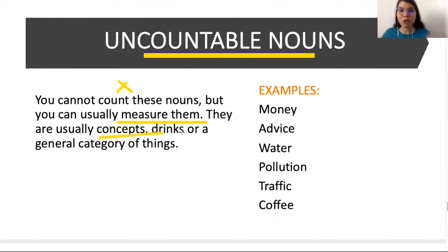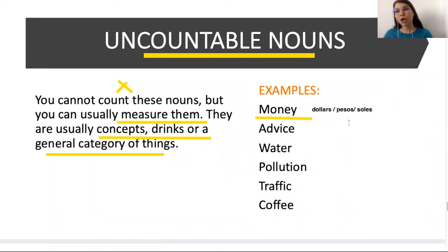They're usually concepts, drinks, or general category of different things. For example, money. Money is not countable. Dollars are countable. Pesos are countable. Soles are countable. So we use money with how much money do you save?